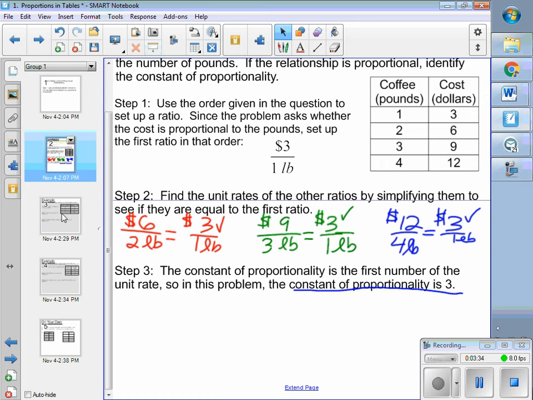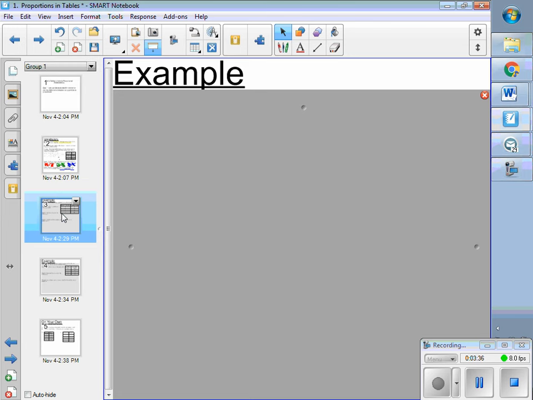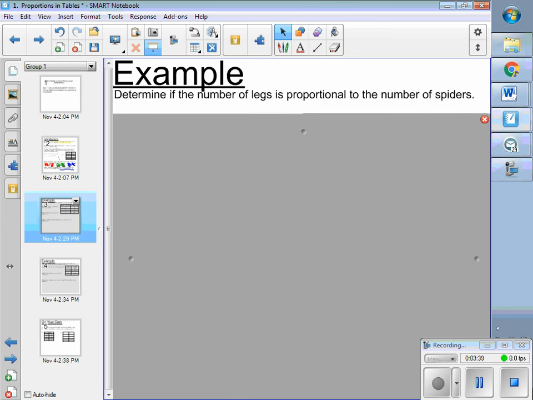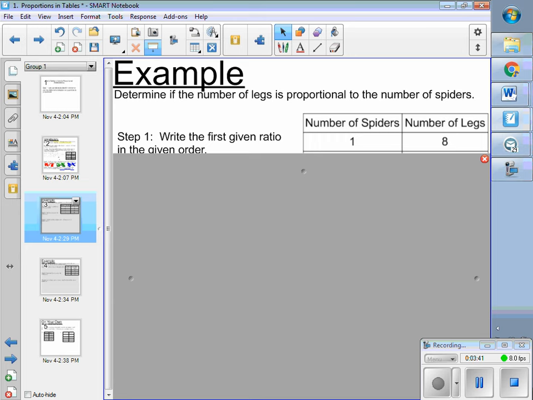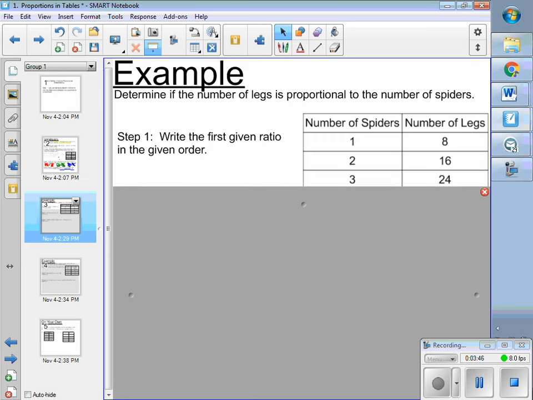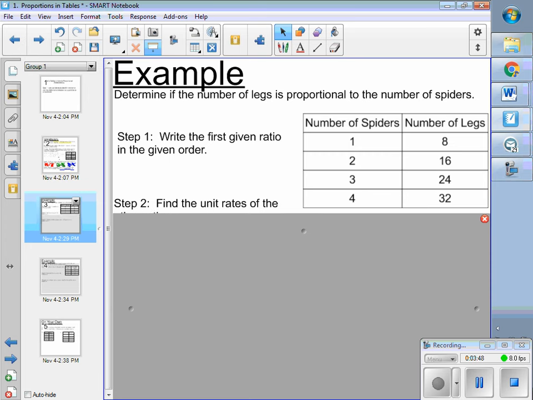Okay, moving on. So now we've got our example. Determine the number of legs if the number of legs is proportional to the number of spiders. So first, we've got to write the given ratio in the given order. So we're looking at the number of legs to the number of spiders.